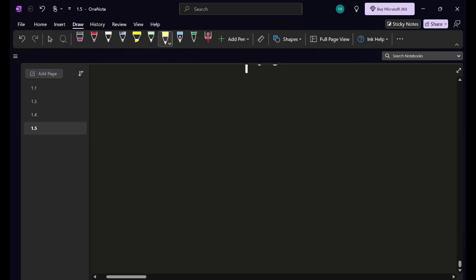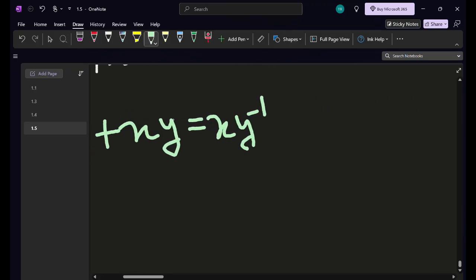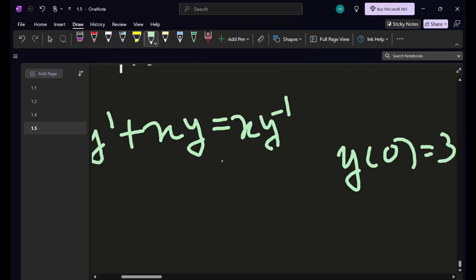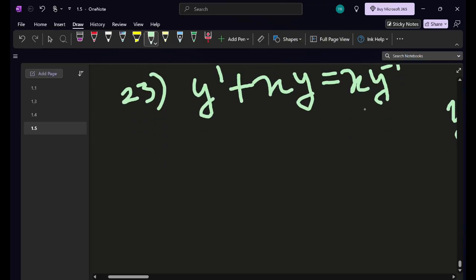So question number 23, the question is given as y dash plus xy is equal to xy minus 1. And we are also given an initial value which is y of 0 is equal to 3. So as it had said, first of all we have to divide the whole term by whatever has been multiplied with q.